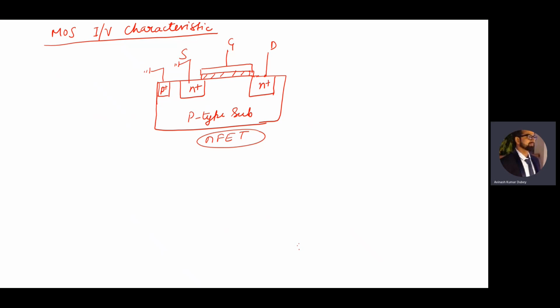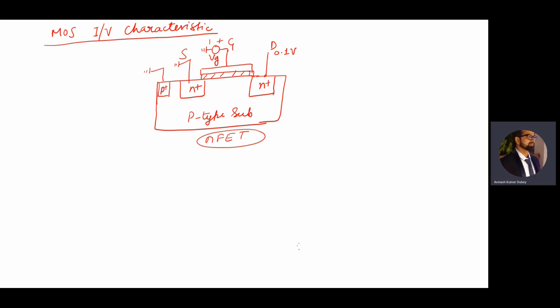Let us apply a small drain voltage of 0.1 volt here, and a variable Vg at the gate, and we are going to see the effect on this device on varying this voltage Vg.